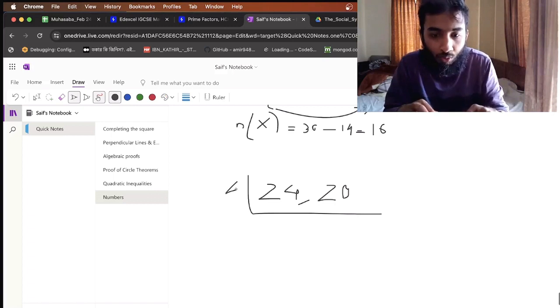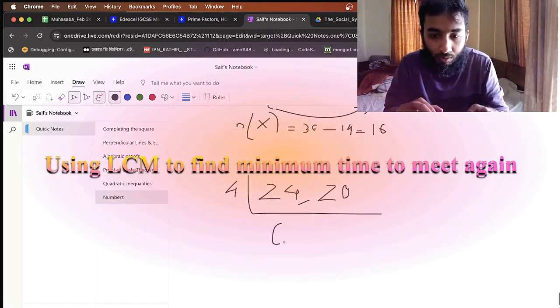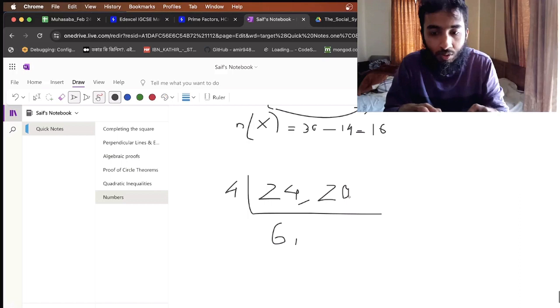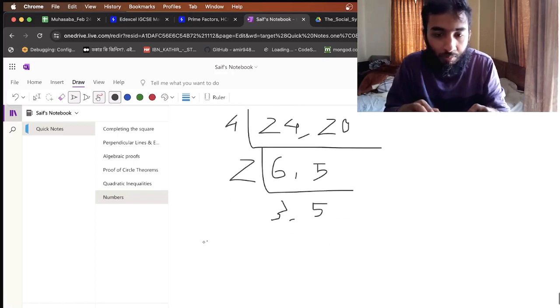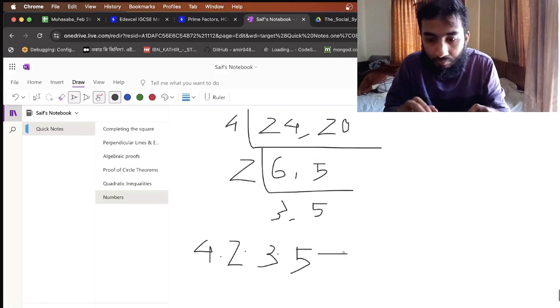Let's use 4. 4 multiplied by 6 is 24 and 4 multiplied by 5 is 20. 2 threes are 6 and 5 cannot be divided by 2, so 5 remains the same. So if I multiply 4, 2, 3 and 5, we get 4 twos are 8, 8 threes are 24, and 24 fives are 120.